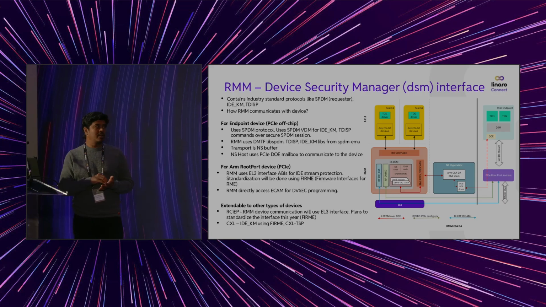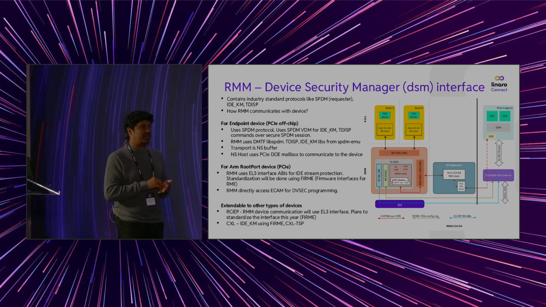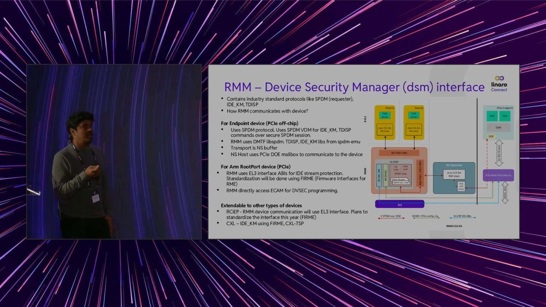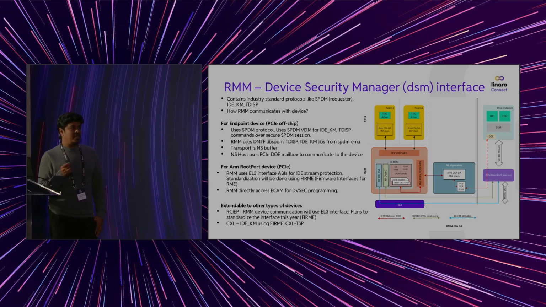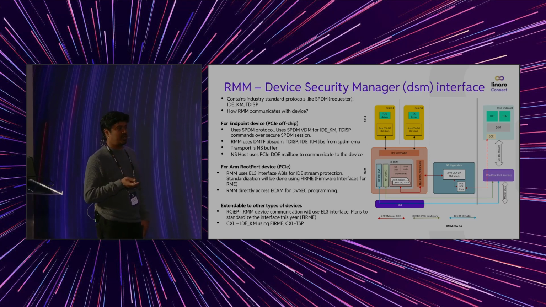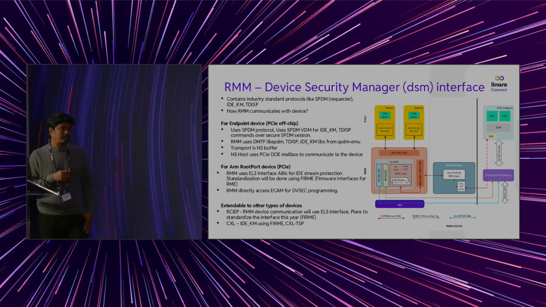There is a special ARM DVSEC, which is a special extension, the PCI extended capability in the ARM root port. So that controls the bits to lock the stream. So those kinds of commands are done by RMM directly by accessing the PCI config space. Similarly, the IDE commands to the root port are done through the EL3 interface.